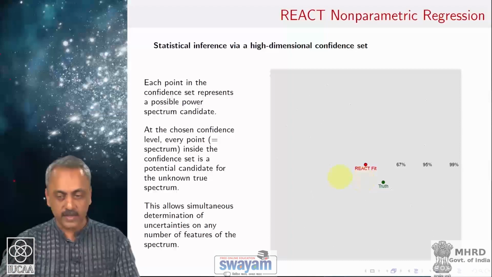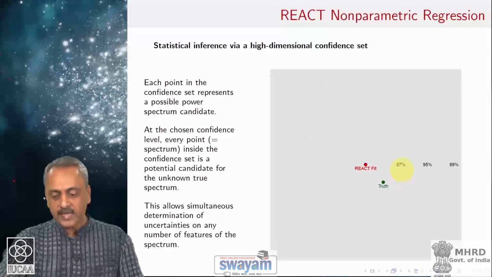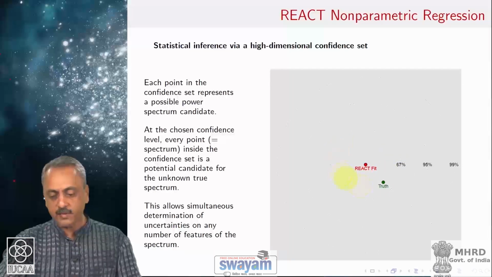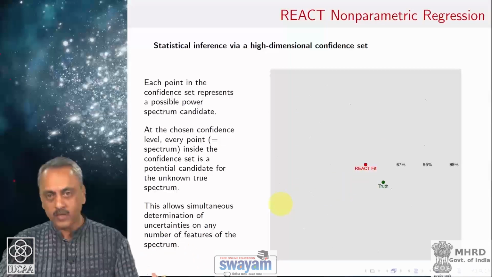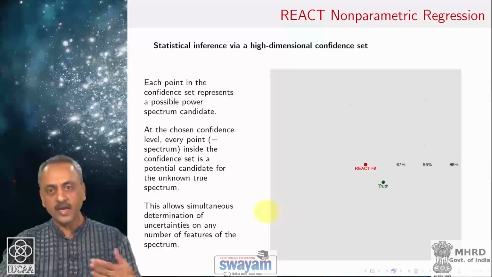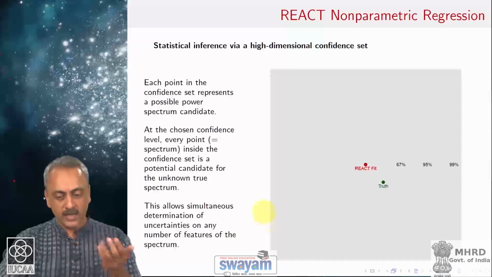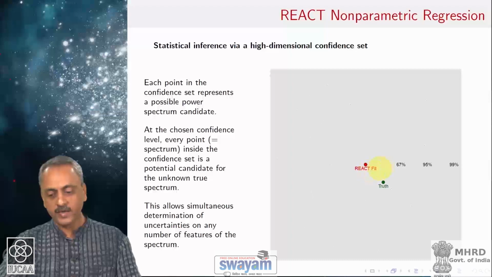When I say that this is a 67% confidence set, what this means is the probability of finding the unknown truth inside is 67%. There is still a chance that the true but unknown spectrum underlying the data, underlying our universe, is somewhere outside of this confidence set.